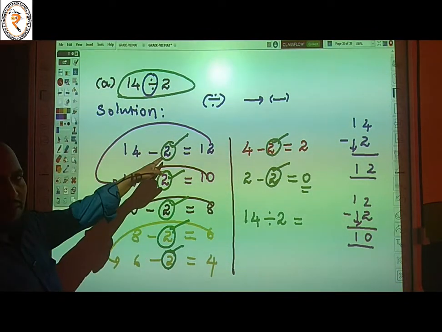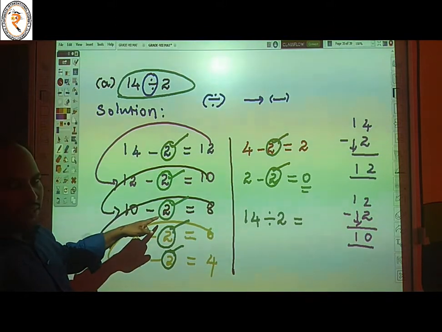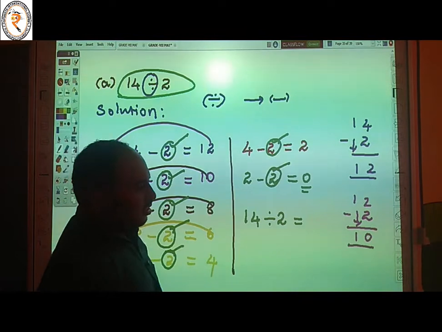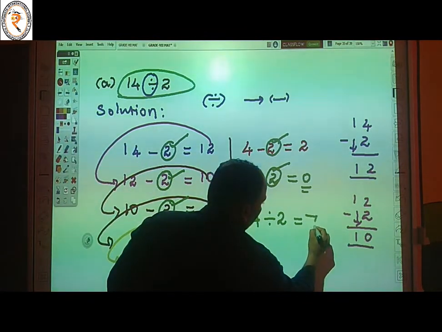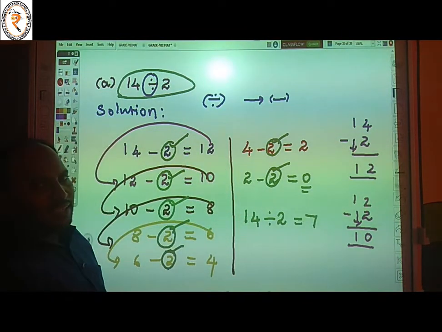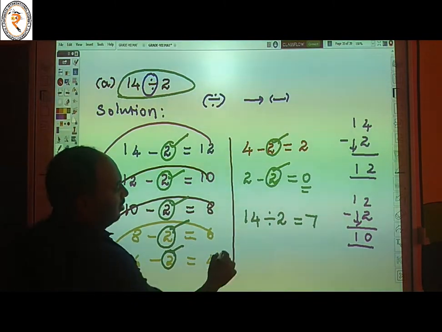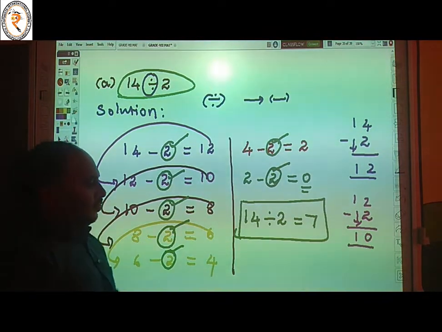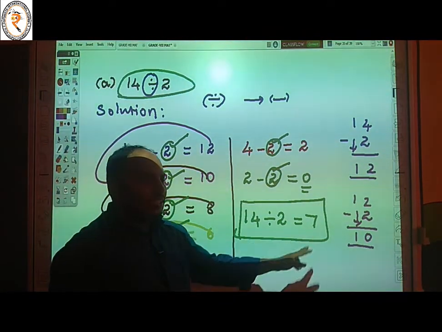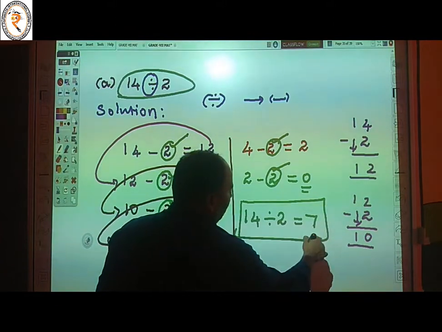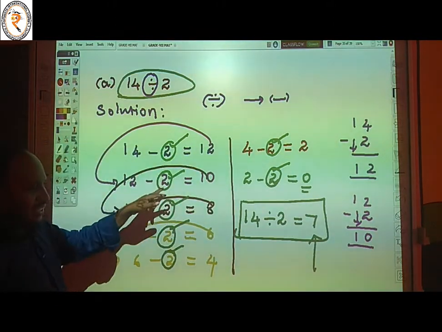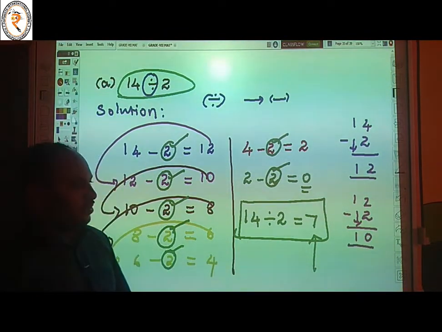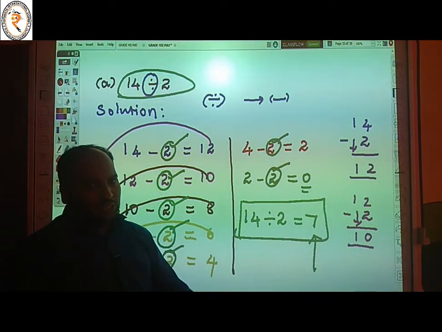How many times? 1, 2, 3, 4, 5, 6, 7. 7 times we subtracted 2 from 14. So 14 divided by 2 is equal to 7. The answer is 14 divided by 2 is equal to 7.